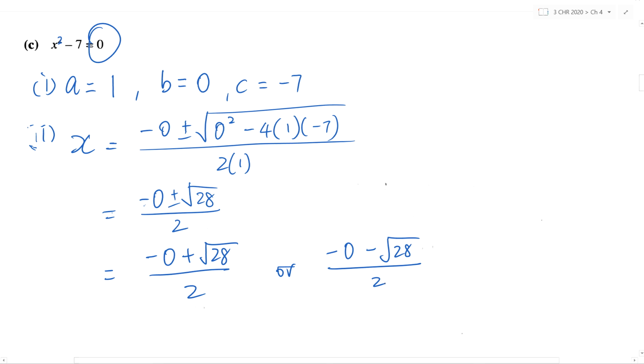Now, we use our calculator to find out what is square root 28. And unfortunately, it is not an integer. But doesn't matter. I'm going to divide this by 2. First answer is 2.6457.